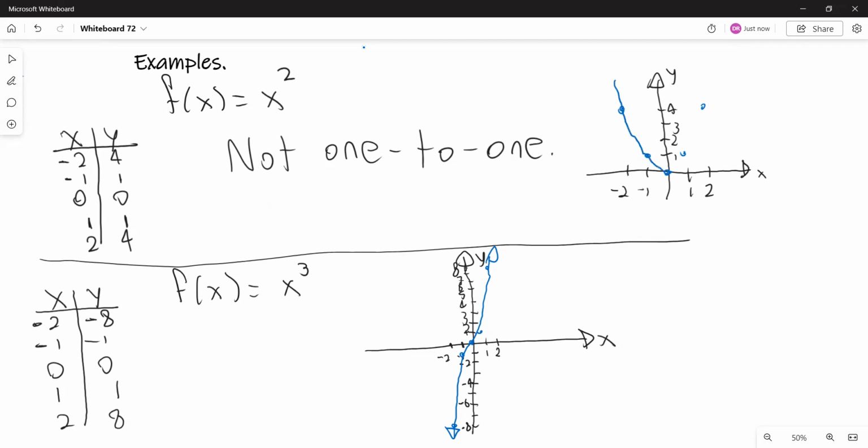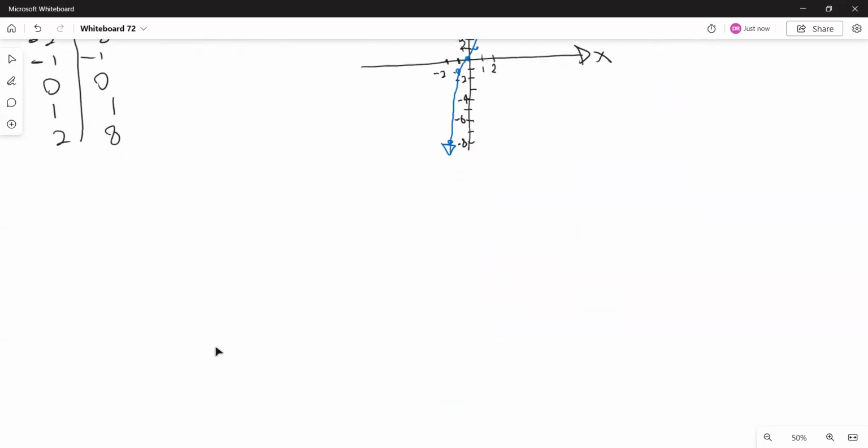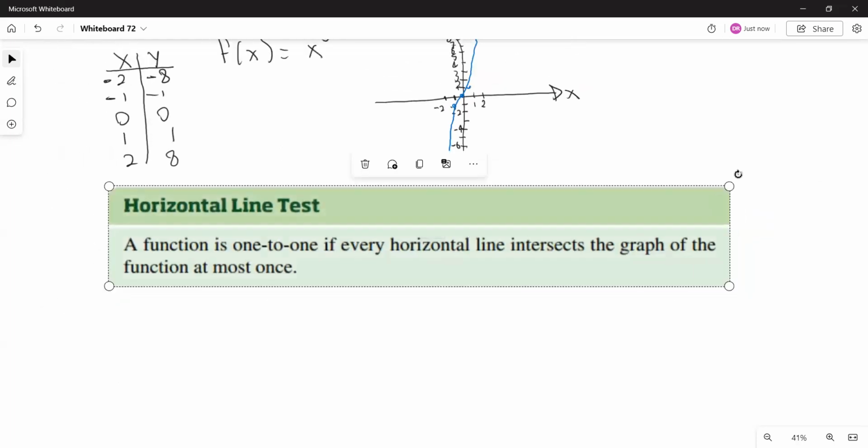I'm drawing this graph. Okay, so we have something called the horizontal line test to determine whether a function is one-to-one. That's on page 407. It's very similar to the vertical line test.